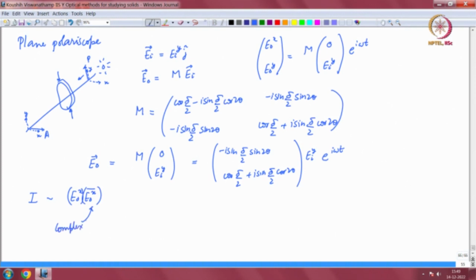So, it is the magnitude of that vector, of course the complex vector's magnitude, and the fact that you are cutting out the y component because the analyzer is horizontal along the x means that you are only going to look at this component, and if you take a complex conjugate of that, you will get sin squared delta by 2 sin squared 2 theta, with the averaging and so on applying as we did before. You will get e to the power i omega t minus i omega t, does not matter. And this is the same as before. You have again your isoclinics and isochromatics and so on.